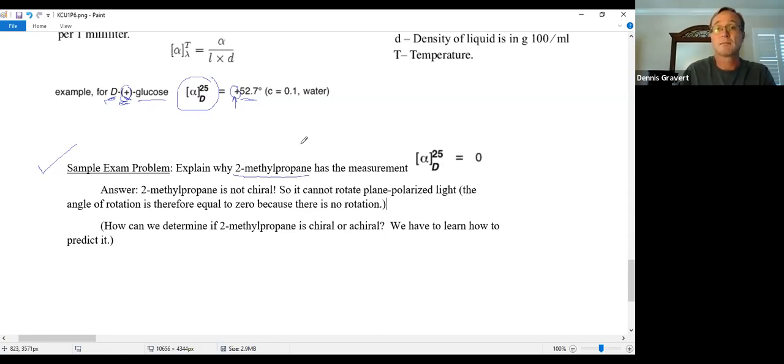So propane is 3 carbons, and then we number it. Remember, when you're drawing it, you decide how you want to number it. But on carbon 2, there's a methyl group. We'll draw it like that. And it says the measurement, alpha with a bracket, 25D, is a 0 value.